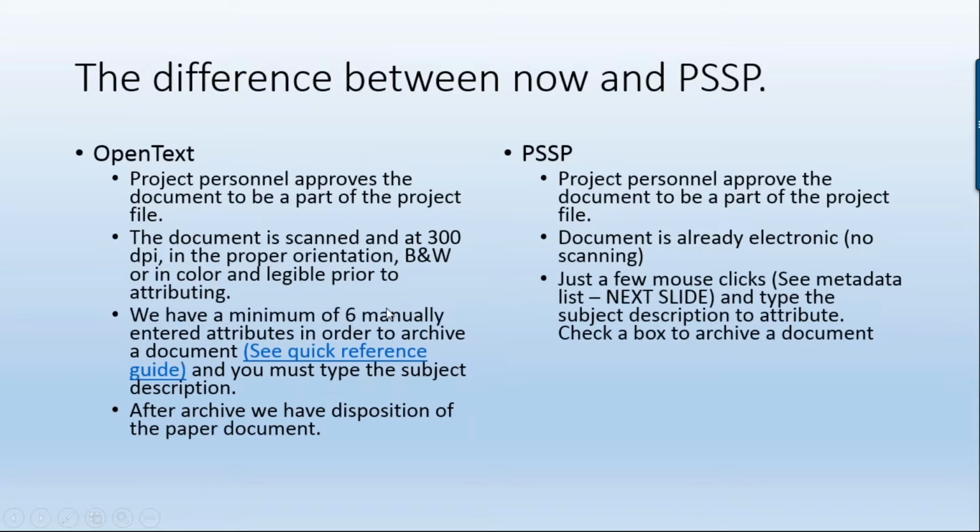I'm going to show you the metadata source list, which kind of goes through and ties itself to the quick reference guide. We're still going to have to type the subject description to attribute the document, but then on the bottom, there's a little checkbox that you click on, and that's what sends the document to EDMS once you get everything done. So the quick reference guide, let me go ahead and just click on that real quick.